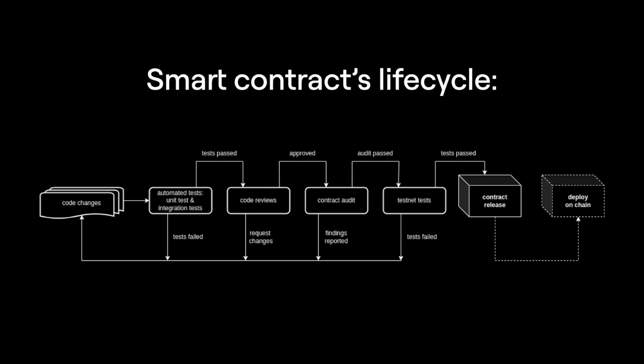Now, if everything is passed on this side, then the next step is to have either external audits in some cases, and of course, we are running some additional test cases on real chains, like testnet or a cloned version of the mainnet. For example, this is useful when you are actually doing upgrades.